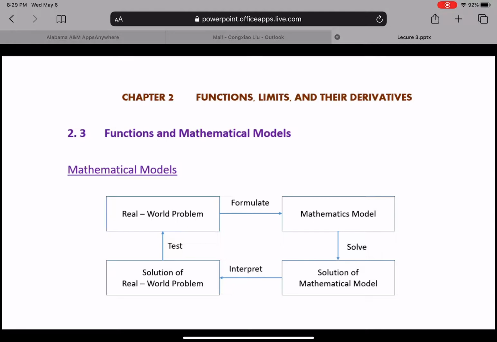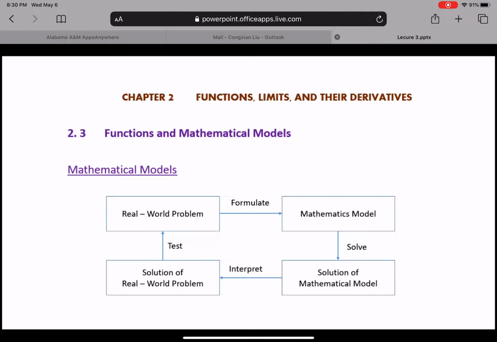But that's not the end. We still need to interpret the solution to make sure it makes sense, to make sure it's the real solution of the problem. So usually you will not get the exact solution or a good solution for the real problem.